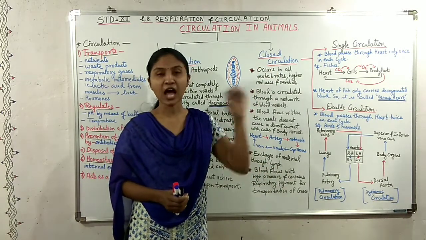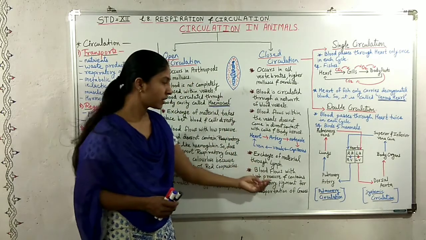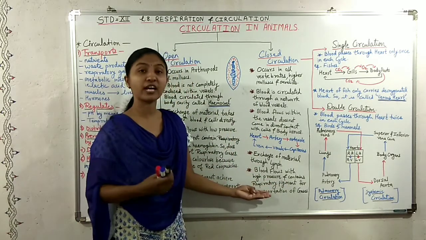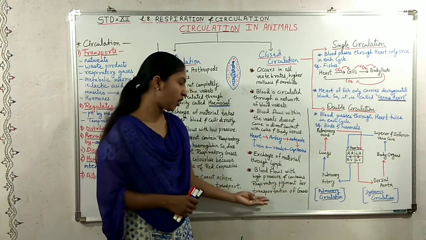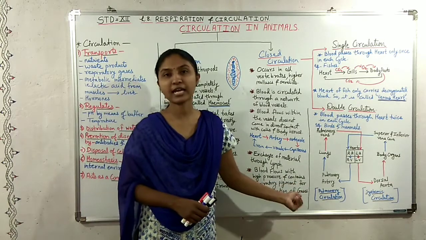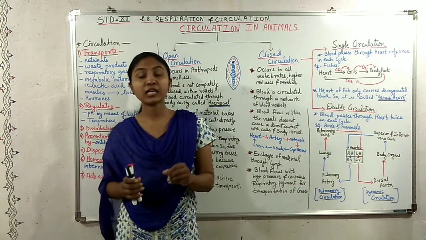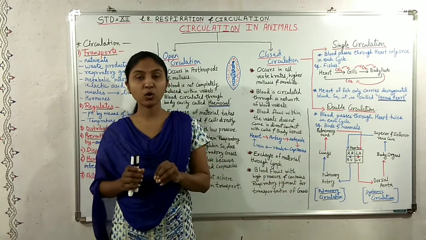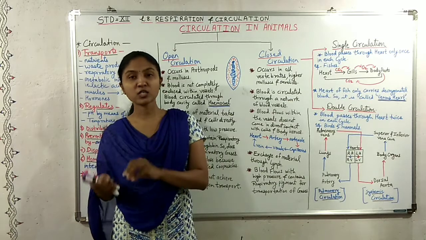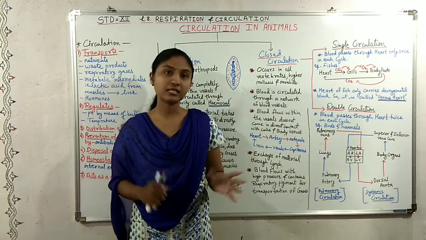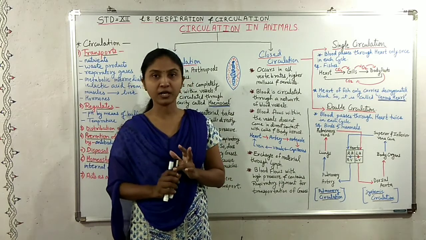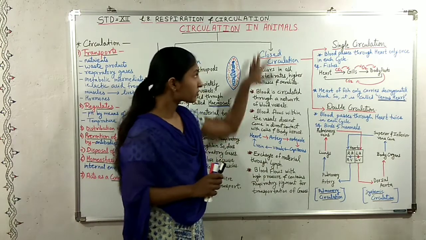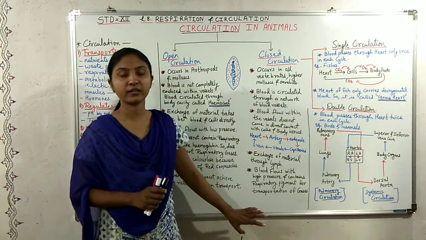Its speed is high, its pressure is high, and it contains respiratory pigment for transportation of gases. Respiratory pigment like hemoglobin is present inside the blood, and this hemoglobin helps in the transportation of respiratory gases, that is oxygen and carbon dioxide. So this is the closed circulatory system.